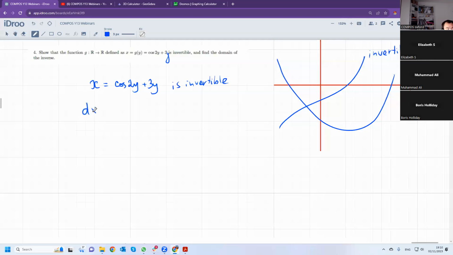We find the derivative dx/dy, and that's going to be minus 2 sine 2y plus 3.